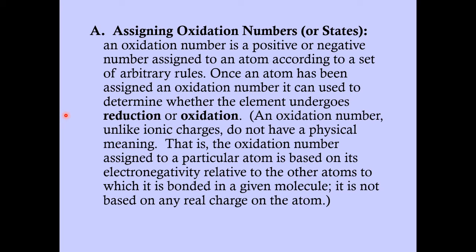Here's the key though. If it's a redox reaction, one of those numbers from one side of the reaction to the other will go up. Another one of those numbers will go down. One is reduction, one is oxidation. We'll talk about that in the next video. But for this to be correct, both things have to happen. You can't have one without the other.